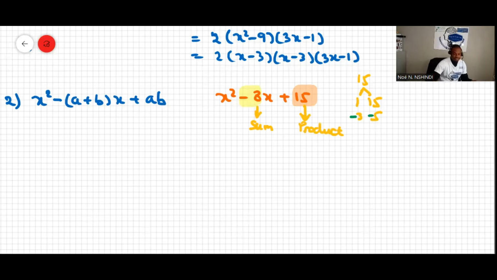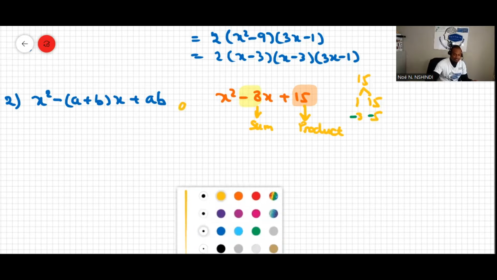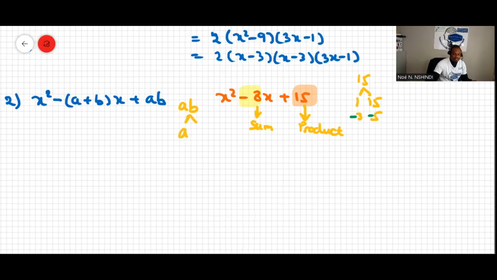In our case, the factors of ab are a times b. If I want the middle term, it has to be a plus b. So this must be the sum, and a times b makes ab. That's the product.